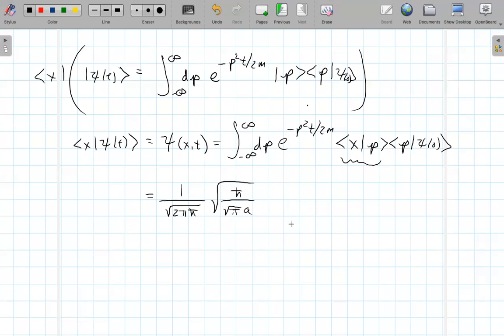And then I get the integral from minus infinity to infinity, dp e to the minus i p squared t divided by 2m. And then this gives me an e to the i px divided by h bar. And then this gives me an e to the minus p squared times a squared divided by 2h bar squared.